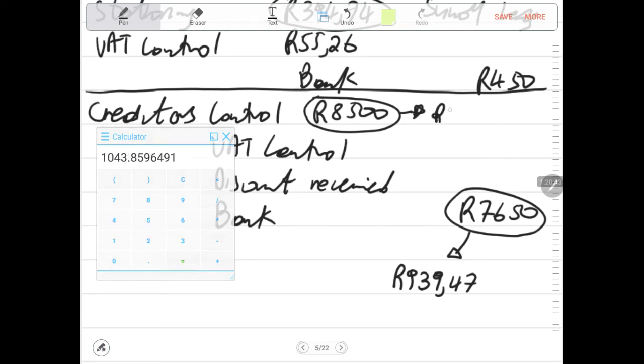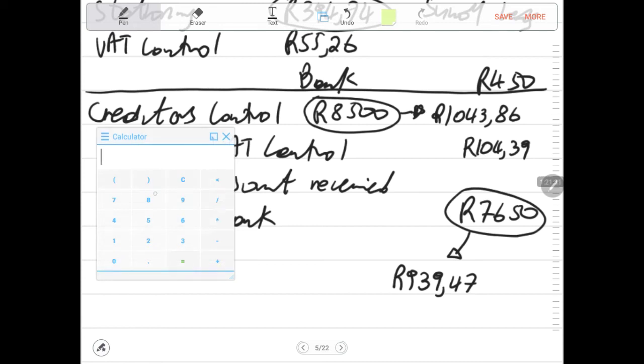And we say we claimed from SARS 1,043.86, but we were not supposed to claim this amount, and we say minus 939.47, and we say the difference that is supposed to be recorded as our VAT is 104.38, which is 104.39. Then after, now let us calculate it in this other way.